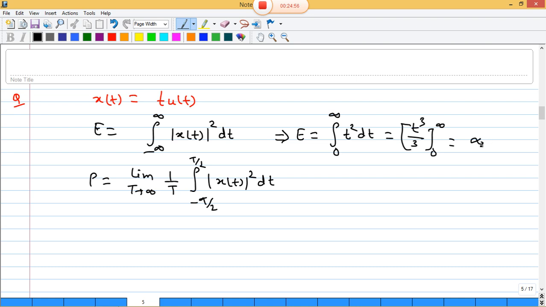So the energy will be infinity. So if E is infinity, then maybe power will be finite. So after that check the power value. So power is limit T tends to infinity 1 by T, 0 to T by 2, t square dt.